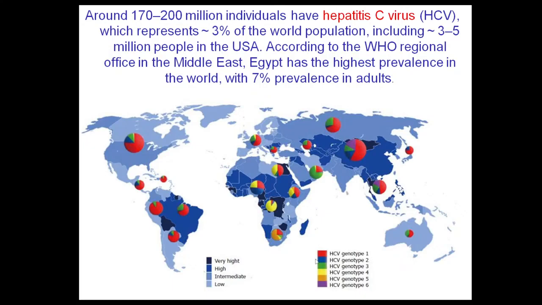So the most common is genotype 1 in the Russian Federation, in the United States and North America and South America also, but not in Africa, where genotype 4 is the most common. Then genotype 3 is also found almost everywhere except for particular places in Africa.